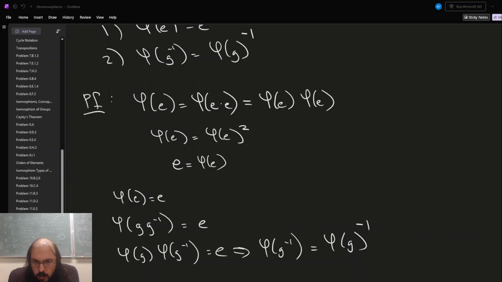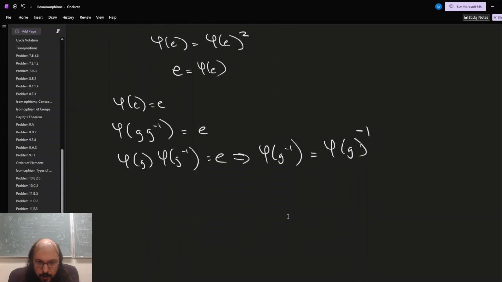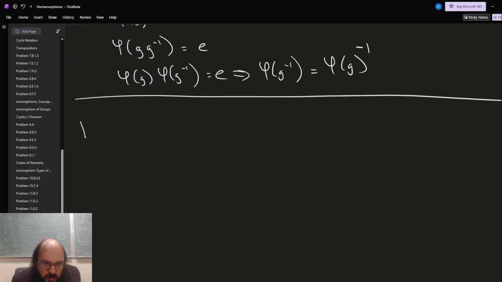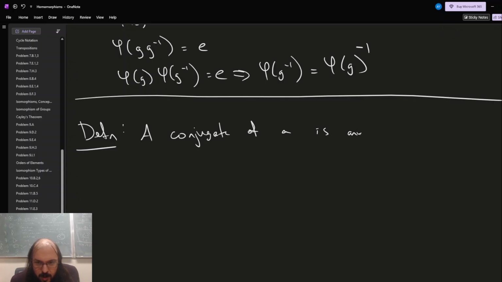We got one more thing that we want to take a look at in this video, and this is the following definition. We need, actually, I guess, two parts of this definition. A conjugate of A is any element of the form X A X inverse for some X in G. We talked about the operation of doing conjugation.